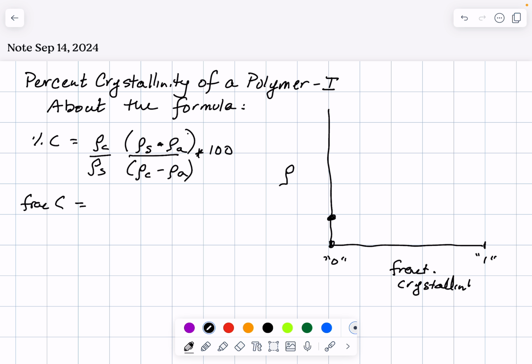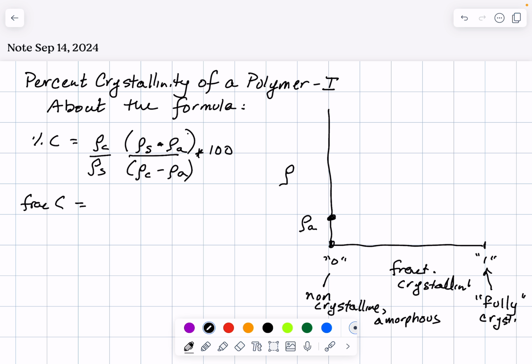And so the density of that state, we label the density subscript A for amorphous. And similarly, for a fully crystalline, so this would be non-crystalline or amorphous, lacking shape. So when the fraction crystallinity is 1, we would say it's fully, quote unquote, crystalline.